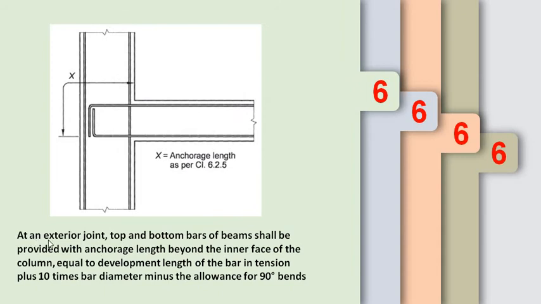At exterior joint, top and bottom bars of the beam shall be provided with anchorage length beyond the face of the column equal to the development length of the bar in tension plus 10 times the bar diameter minus the allowance for the 90-degree bend. This figure shows the anchorage of longitudinal beam bars at exterior beam column joint.